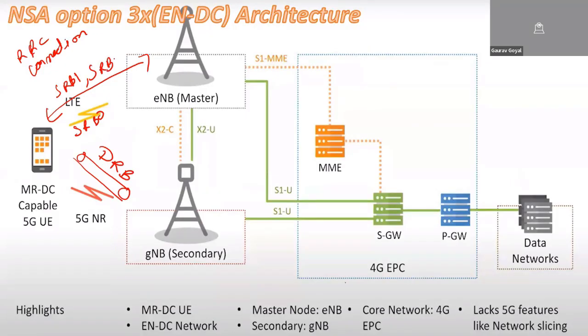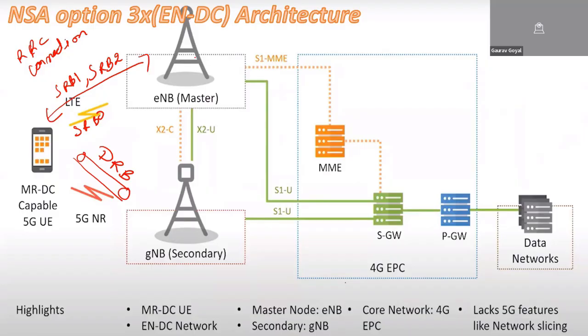These will be only between the eNodeB and the UE. It means that if the eNodeB is down, then the connection will be down, right? That's why the eNodeB is our master node, and the gNodeB is connected to the device only for DRB, data radio bearer, but LTE has the SRB connection. Since the eNodeB maintains the control plane connectivity, it is called the master node.